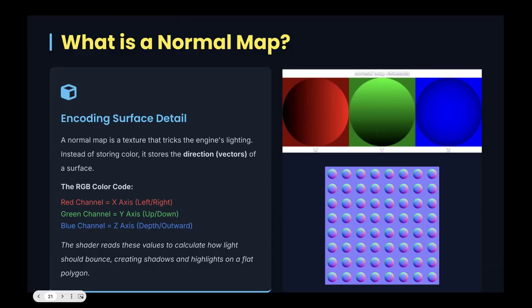Each of the colors in a normal map represents a direction. They represent X, Y, and Z depending on the color. You can see above, we have the red color for the x-axis, green for the y-axis, and for blue we have the z-axis. That's why you see a lot of purple and green, and in the normal map below, almost every normal map looks purple.